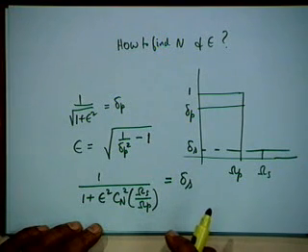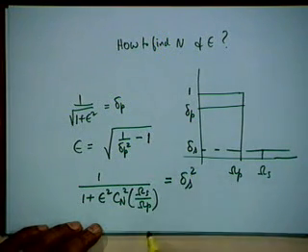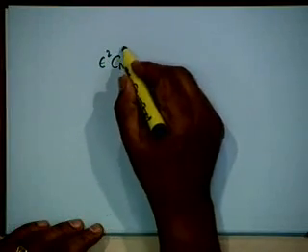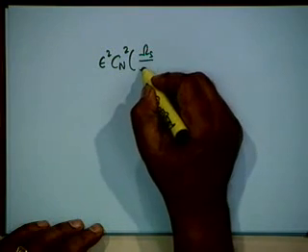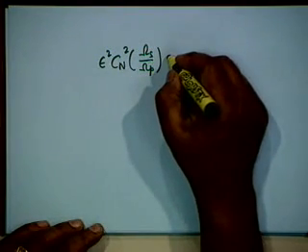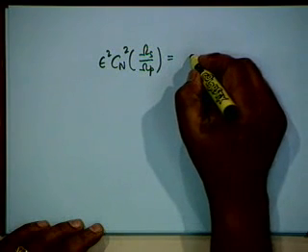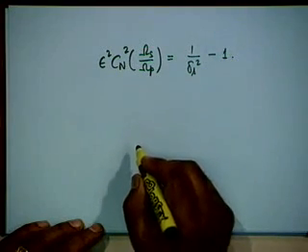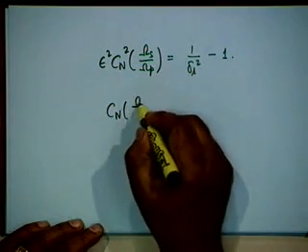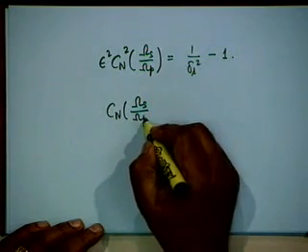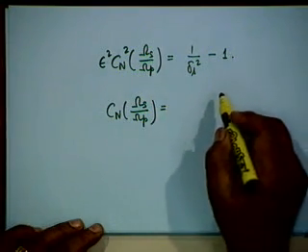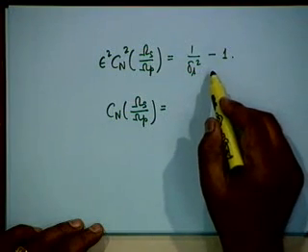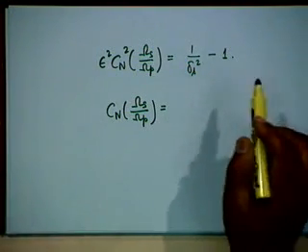right? Square, correct. Delta S squared, and therefore epsilon squared Cn squared omega S divided by omega P should be equal to 1 by delta S squared minus 1, or Cn of omega S divided by omega P should be equal to 1 by epsilon times the square root of this.